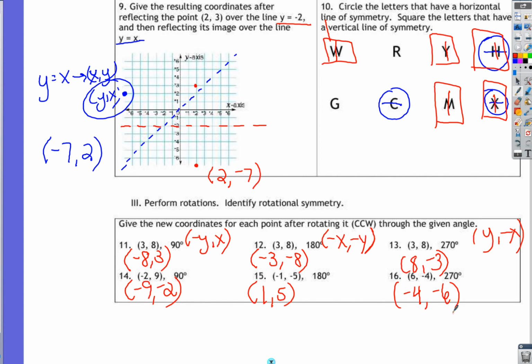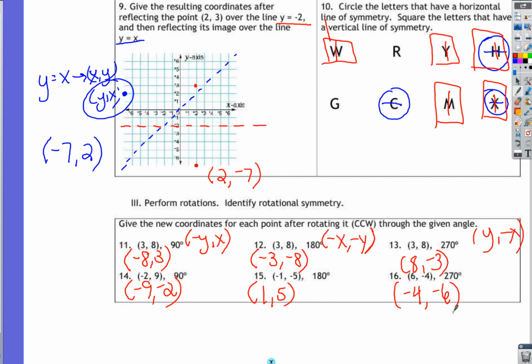The red part says take that point 2 comma 3, which I put right there, and reflect over the line y equals negative 2. I sketched in the dashed line, my line of reflection. Now I'm just going to count. 1, 2, 3, 4, 5. 1, 2, 3, 4, 5. And that's where my point's going to be.